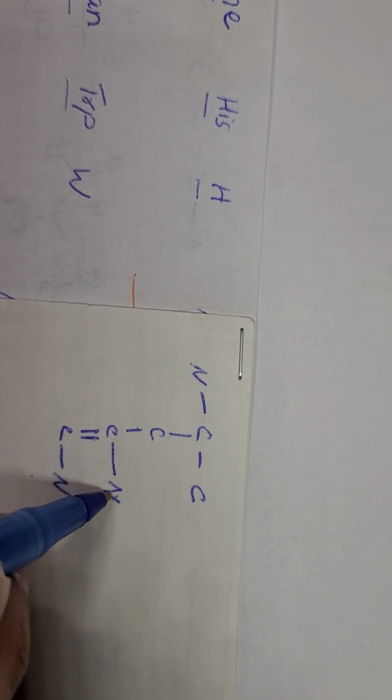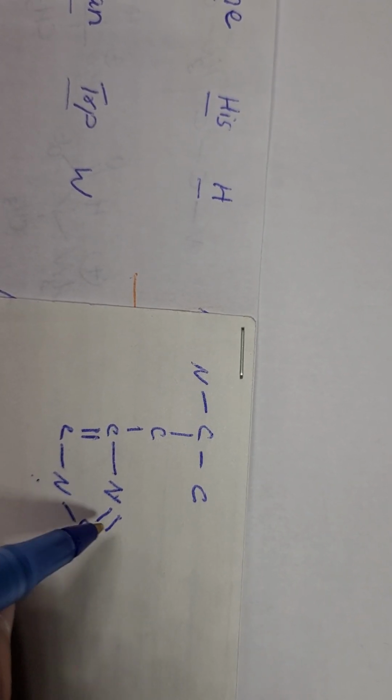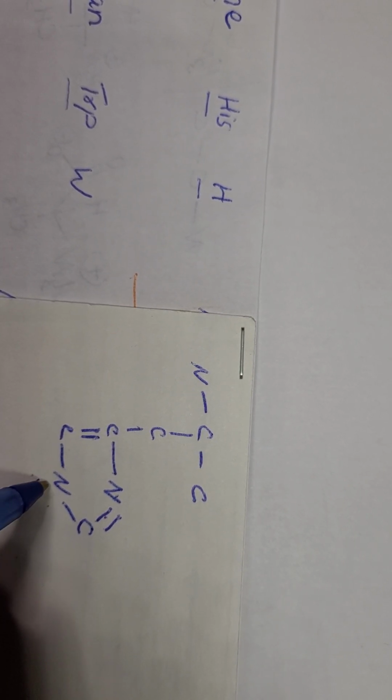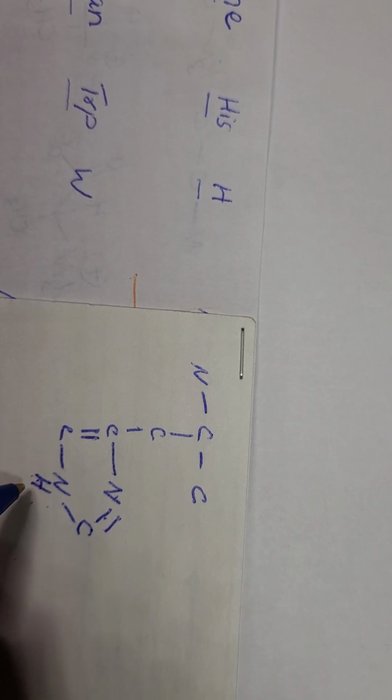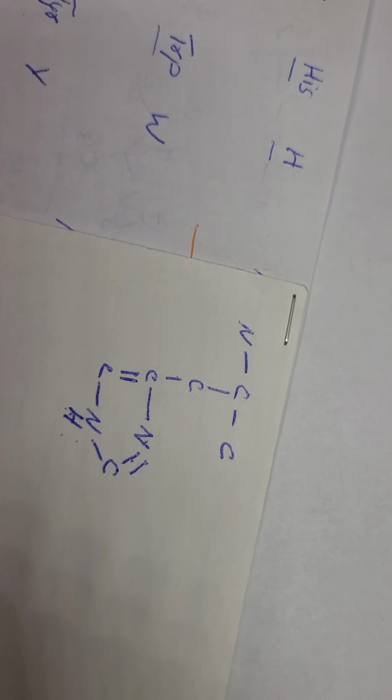You give a nitrogen each side and make a carbon one. You can make this side double bond or this side double bond, it is fine. Make sure you add hydrogen at the side that doesn't have a double bond, and that's all.